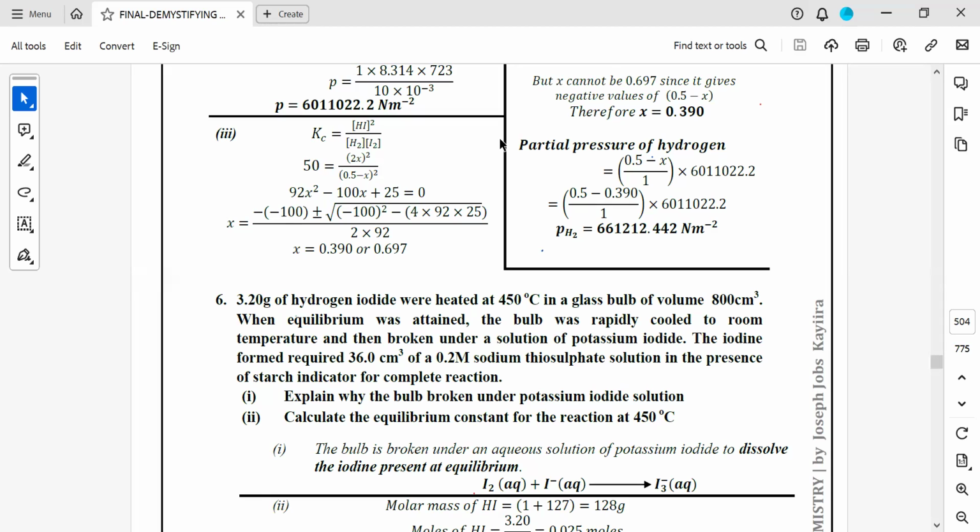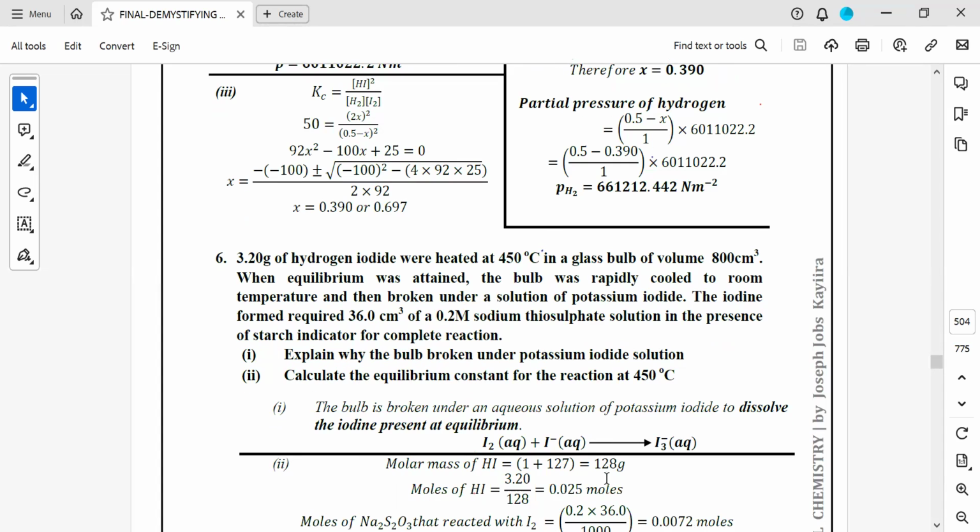Can you give us a reason why you think we are using Kc and not Kp? Of course, we are going to use Kc here because we have been given the masses and the volumes and then the molarity.